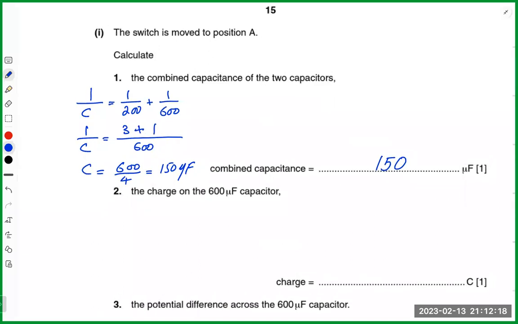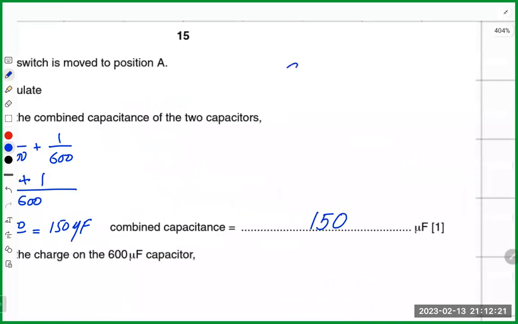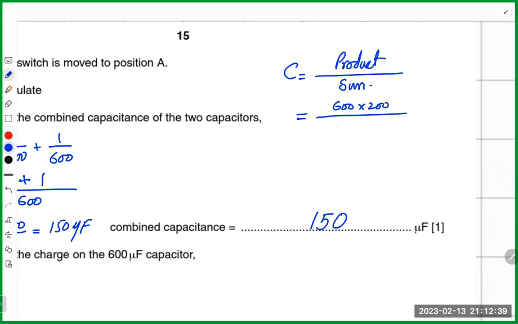What I do is, if there are only two capacitors, the total capacitance equals product over sum. So in that case, I do not have to reverse the final answer, but it can only work for two capacitors that are connected in series. Product over sum means 600 multiplied by 200 divided by 600 plus 200.